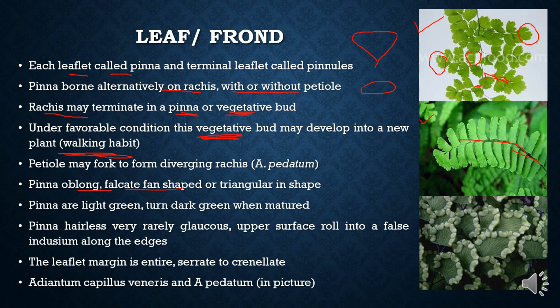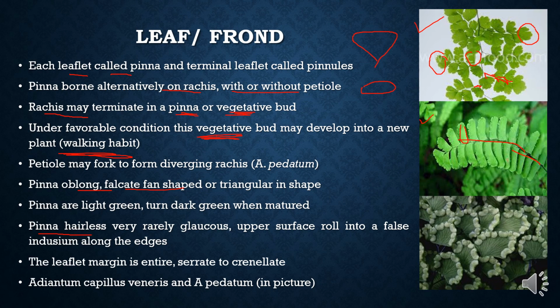Here we see the shape is almost oblong, and usually its color appears pale, but as the plant matures, the color usually changes to darker green. The surface of the pinna, that is, the small leaflets, can be either hairless or contain ramenta.